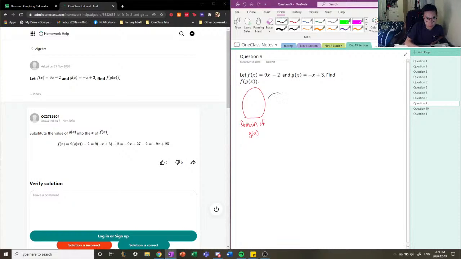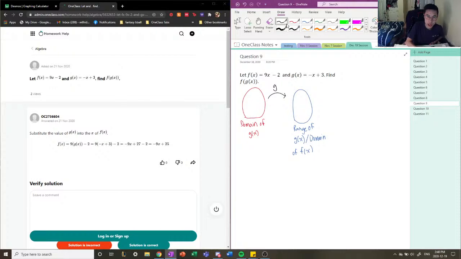The g function will link it to its own range. This is the range of g of x. But the range of g of x becomes the domain of f of x, and in most cases, the entire range of g of x becomes the entire domain of f of x.